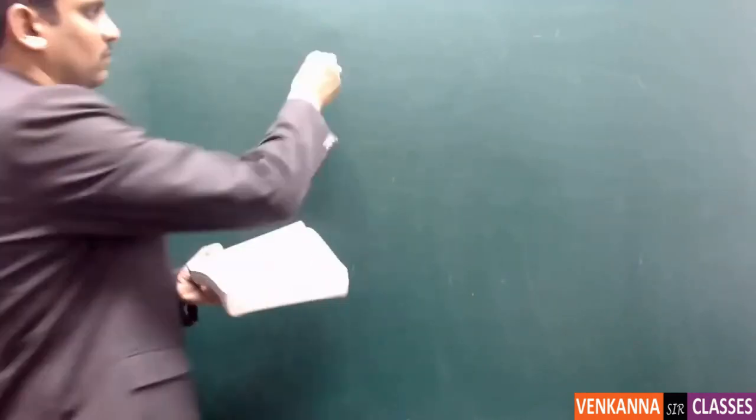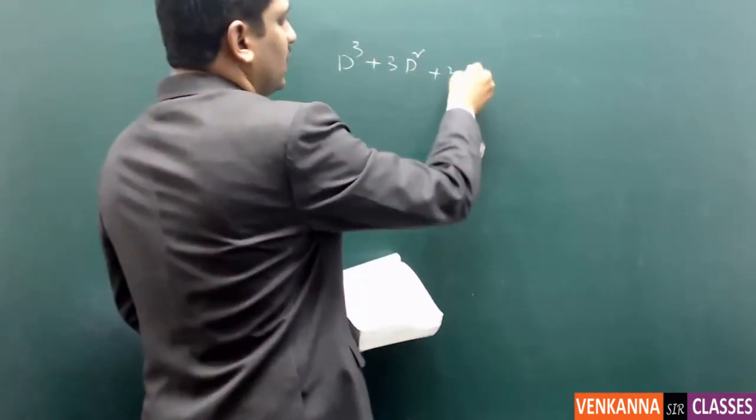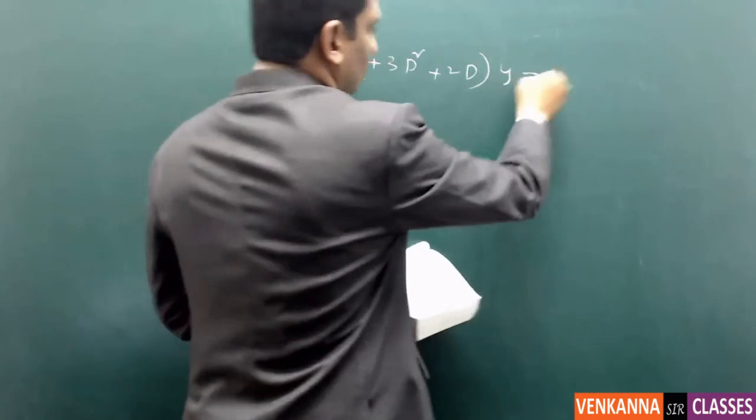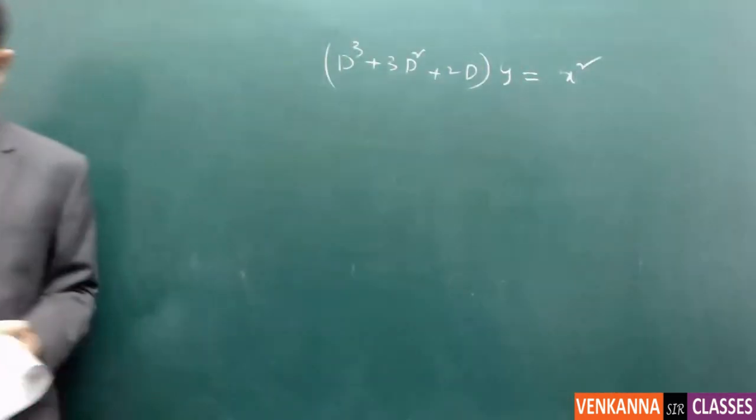So take the problem d cube plus 3d square plus 2d of y is equal to x square. So please take a note of that.